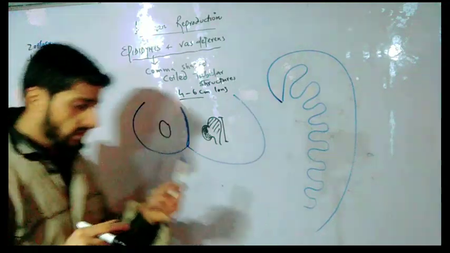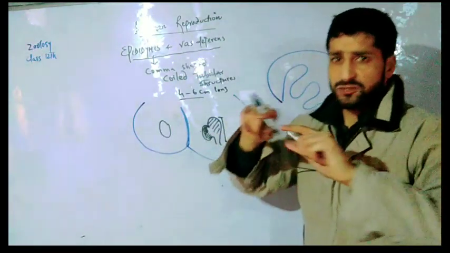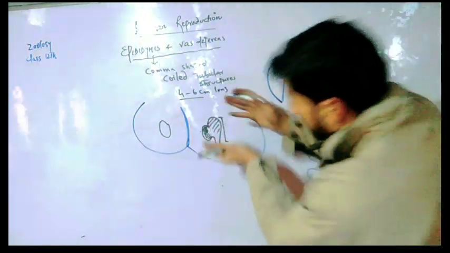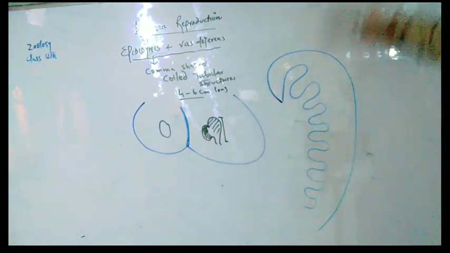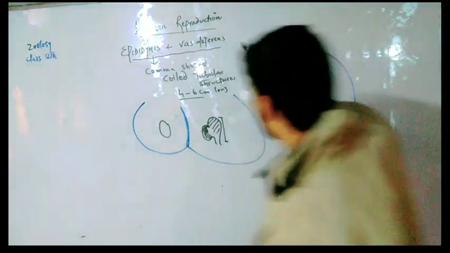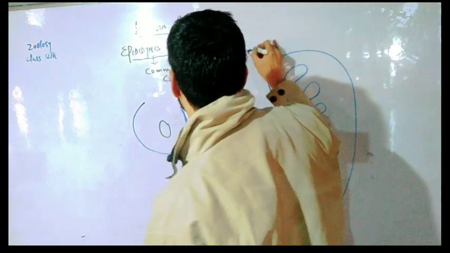However, if this coiled tube is to be unfolded and extended, it can extend up to 6 meters.